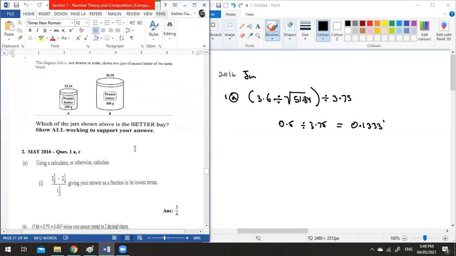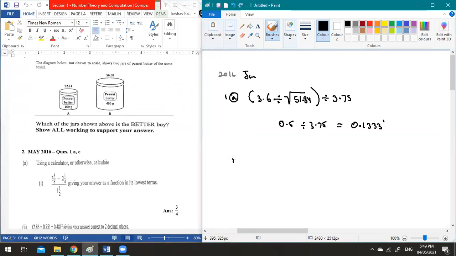The diagram below, not drawn to scale, shows 2 jars of peanut butter, the same brand. One is 150 grams and one is 400 grams. Which of the jars shown above is the better buy? How do we go about doing that? You have to check the cost, right?